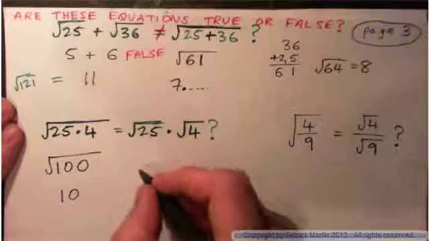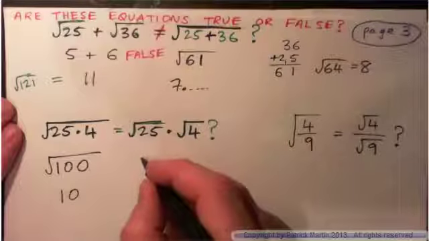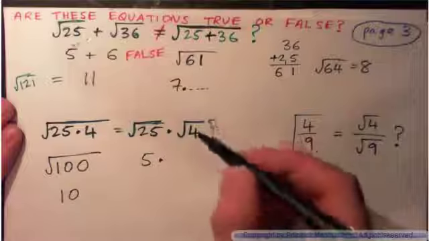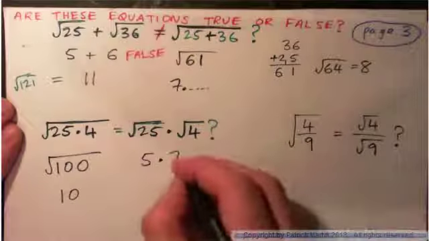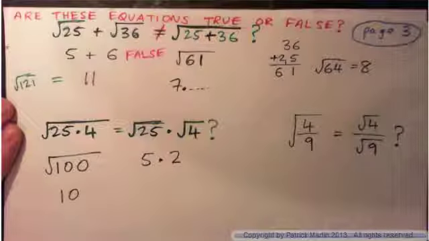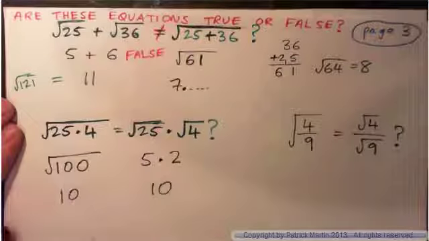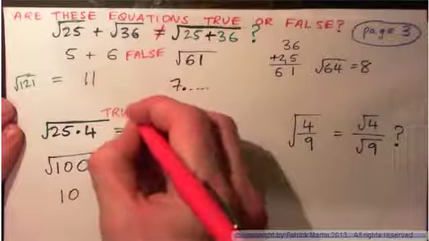What times itself gives 25? The number 5, right? What times itself gives 4? What's the square root of 4? 2. Okay? So what's 5 times 2? 10, isn't it? So are both sides the same? Yep. So this statement is in fact true.